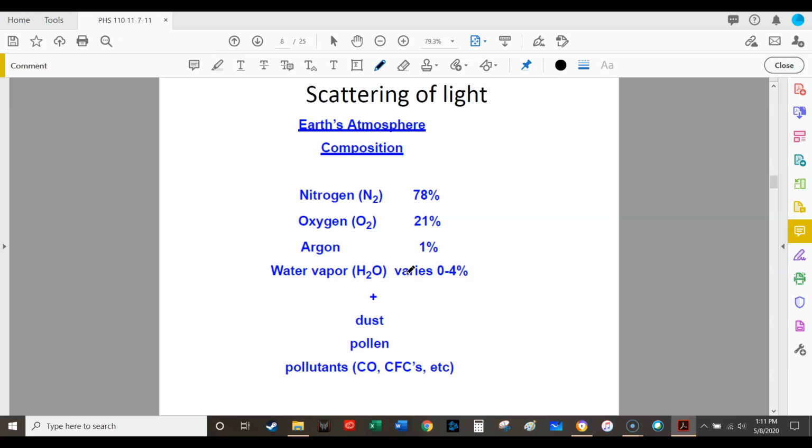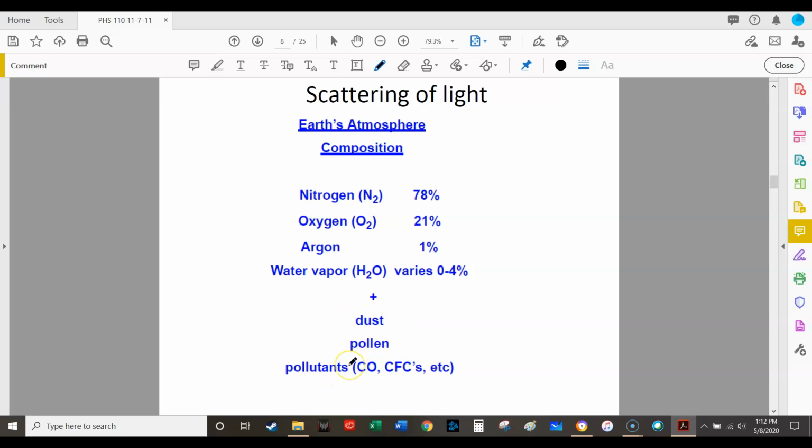During the dry summer months, and actually the dry winter months, there's not a lot of water vapor in the atmosphere, right? But when monsoons come, this is going to actually increase, and that's what humidity level really is. It's describing the amount of water vapor that's in the atmosphere. And there's a lot of other stuff too. The rest of the atmosphere has got a lot of dust, pollen, and pollutants and things like that.